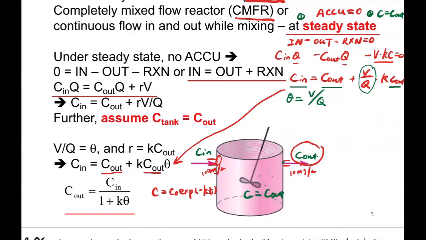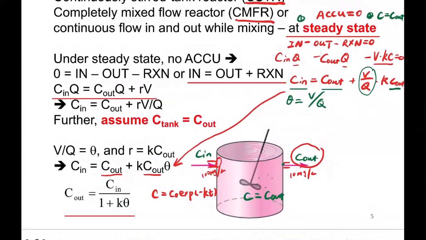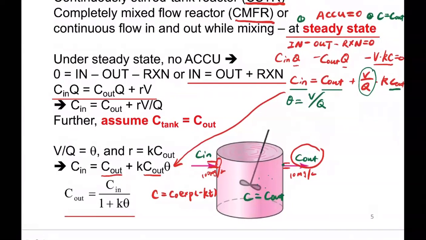You have a sudden drop here. But for the CSTR, it seems that this exponential relationship has changed to a linear relationship. You don't involve these exponential terms anymore. Everything is just linear, right?